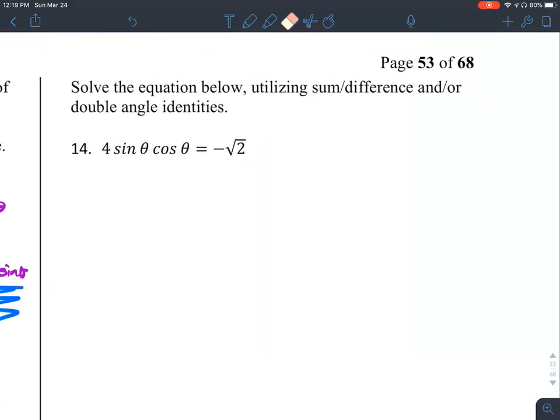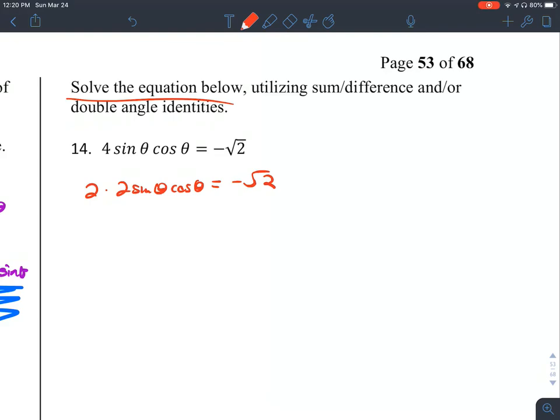14, solve the equation below utilizing sum or difference identities and/or double angle identities. Well, I think you would agree that 4 sine of theta cosine of theta is the same as 2 times 2 sine of theta cosine of theta. It says to solve the equation, which means we want to get theta.